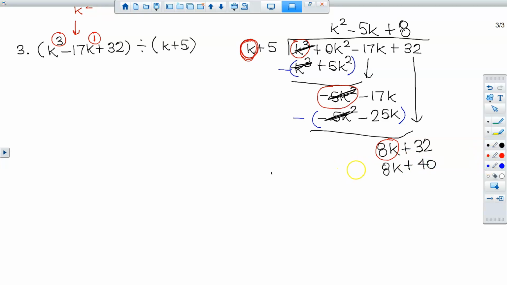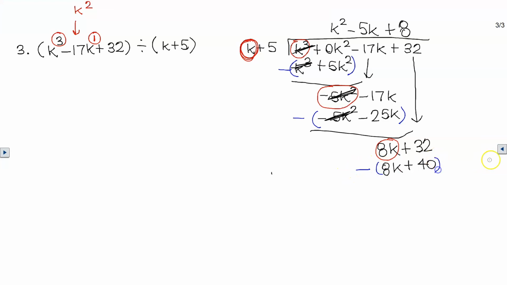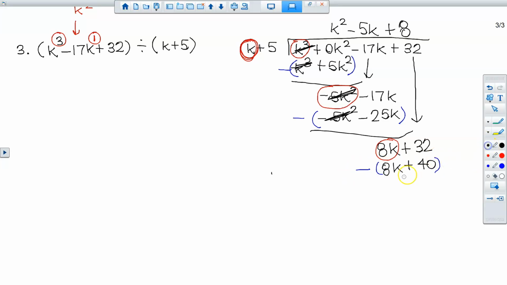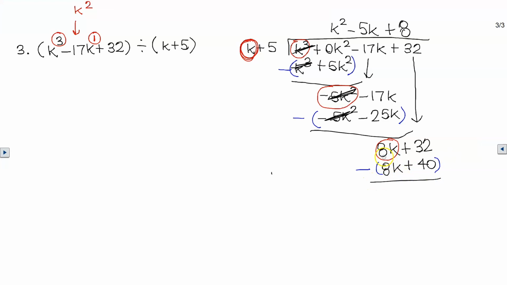And let's subtract one last time. 8k minus 8k, 32 minus 40 would be a negative 8. So my answer is going to be k squared.